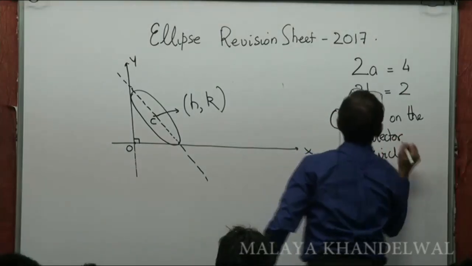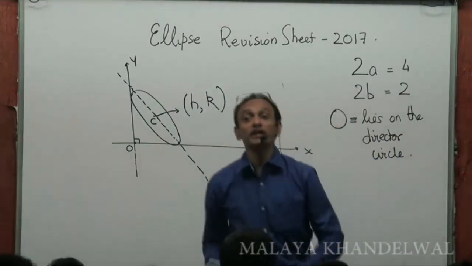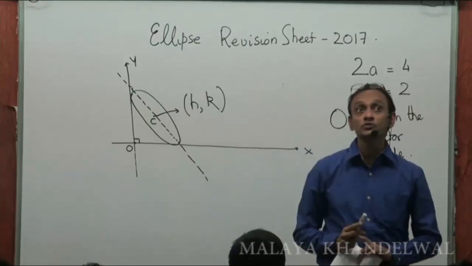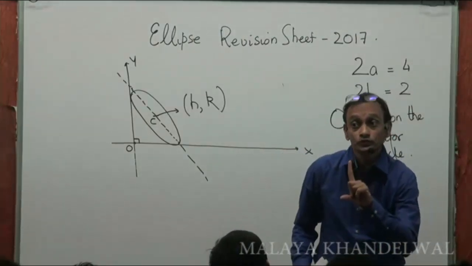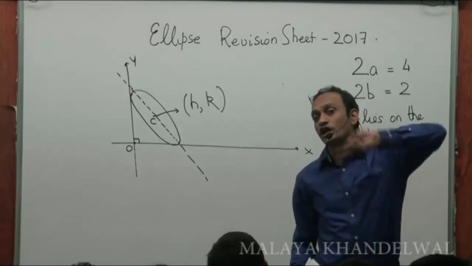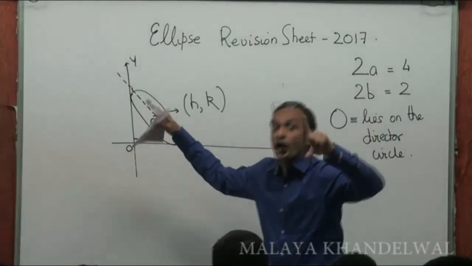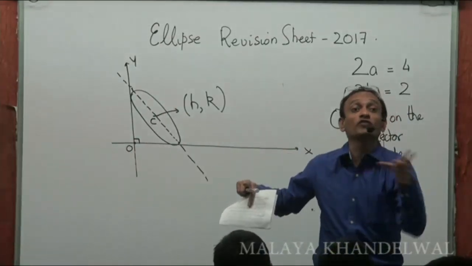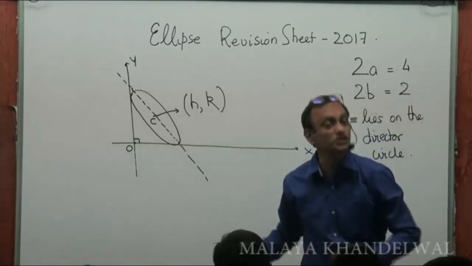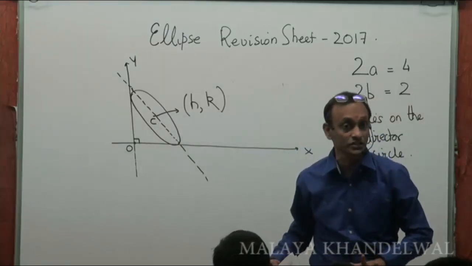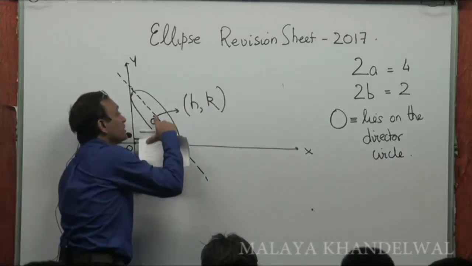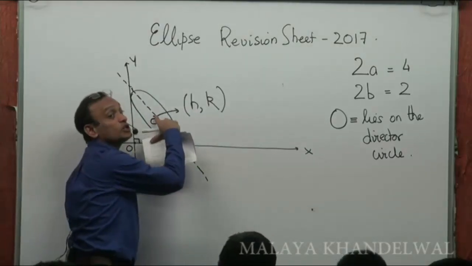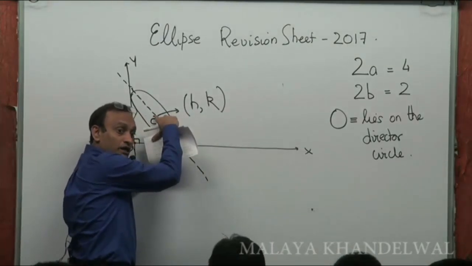Now, if a is the semi-major axis, b is the semi-minor axis, then the radius of the director circle. First of all, the director circle shares a common center with the ellipse, and the radius of the director circle is always root of a squared plus b squared. Now, this C of the ellipse will also be the center of the director circle.